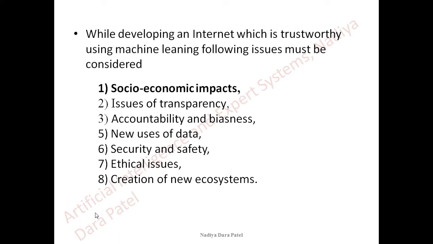So the internet plays both good and bad roles. Creating a strong trustworthy internet becomes difficult because of such socio-economic impacts. The second is the issue of transparency. Every time we cannot collect data and make it available for everyone, so security is again an issue.